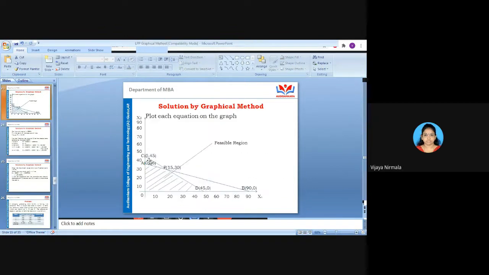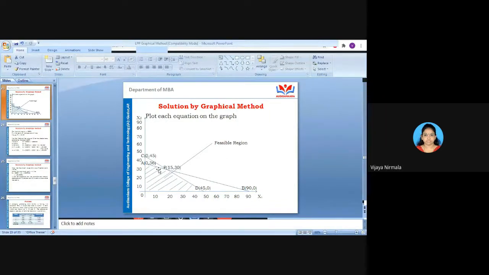So these are the straight lines, right? If it is a less than or equal to problem, below the lines you need to shade. If it is greater than, you need to shade here. Okay, so our problem is related to less than or equal to, so we have shaded here.